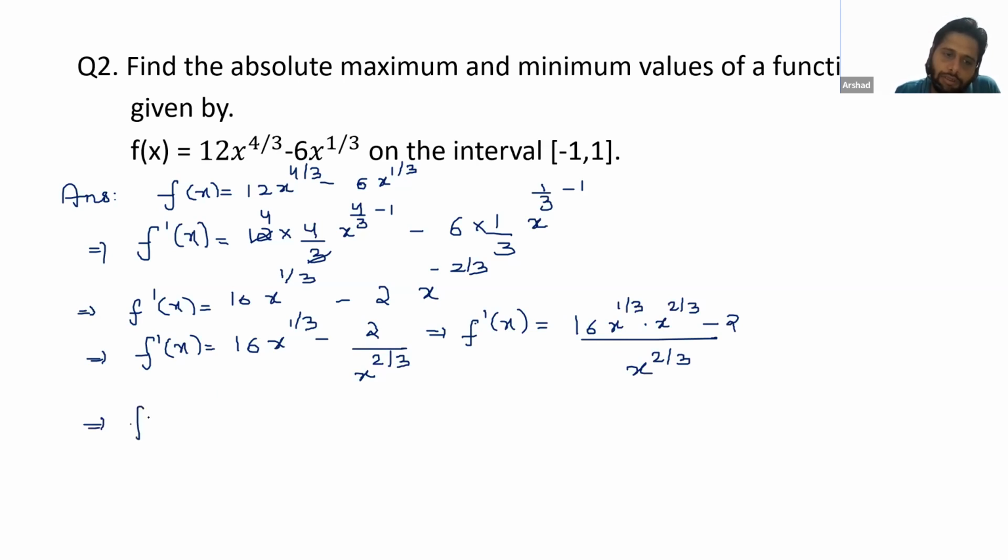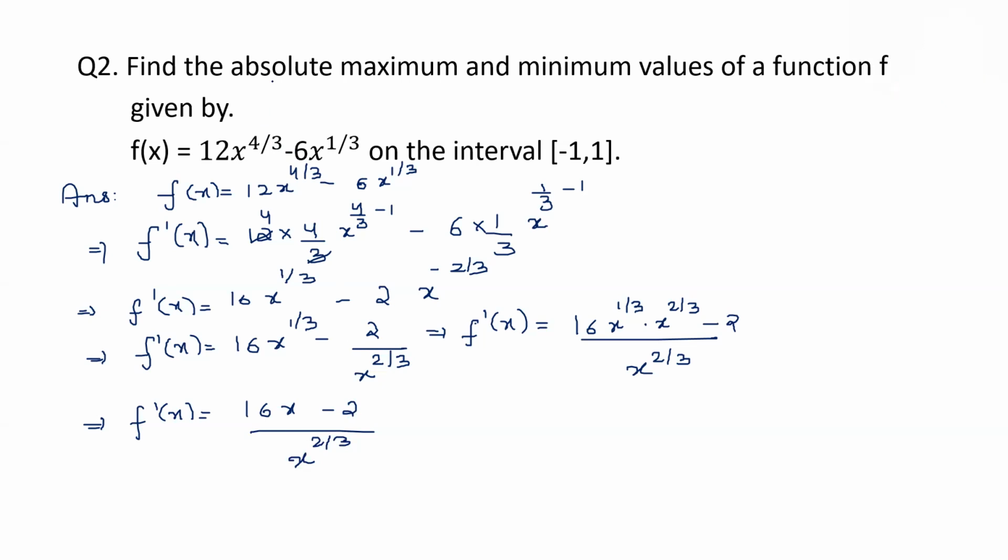So f dash x is equal to 16 x, adding the powers 1 plus 2, minus 2, by x to the power 2 by 3. Okay, so please check. This is a fraction, so you need to equate the numerator and denominator both to 0. So Fahad and Abdur, now please tell me the critical points which you will get here.